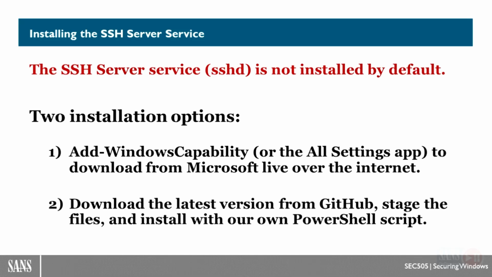So when we SSH into a target machine, the SSH daemon or service has to be installed, configured, and running at the target. As I mentioned before, there are 2 different ways that we can install the SSH service on our target machines. Now, one way is to use Microsoft's, how should I put it, blessed or approved binaries.